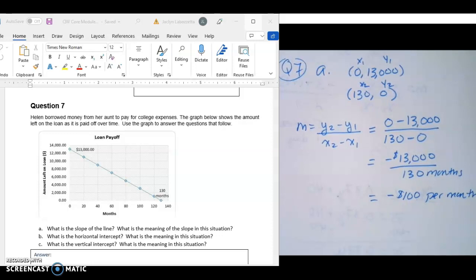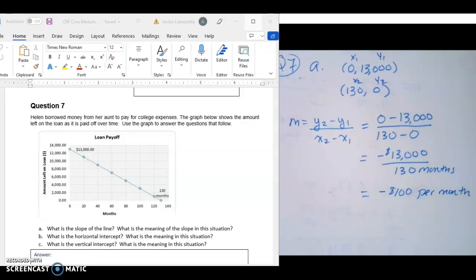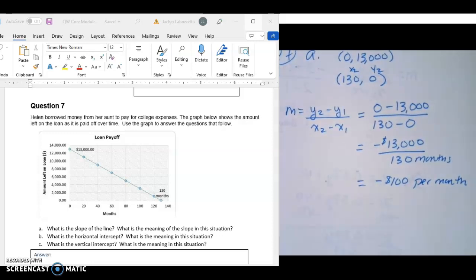So in the context of this situation, that can be interpreted as the amount of money left on the loan, or the amount of money on the loan, goes down, decreases by $100 per month. So this would answer the question of the slope, right?